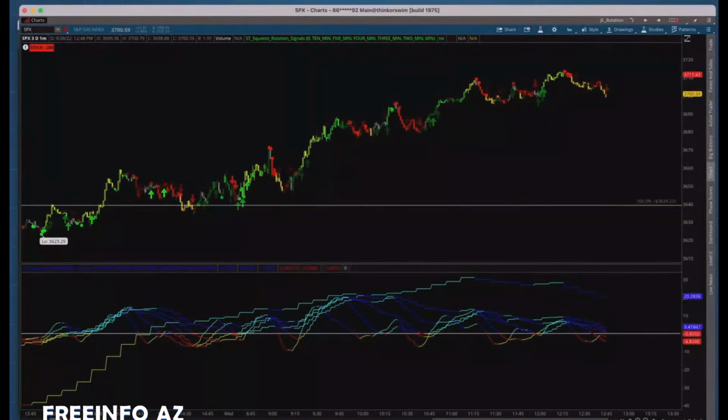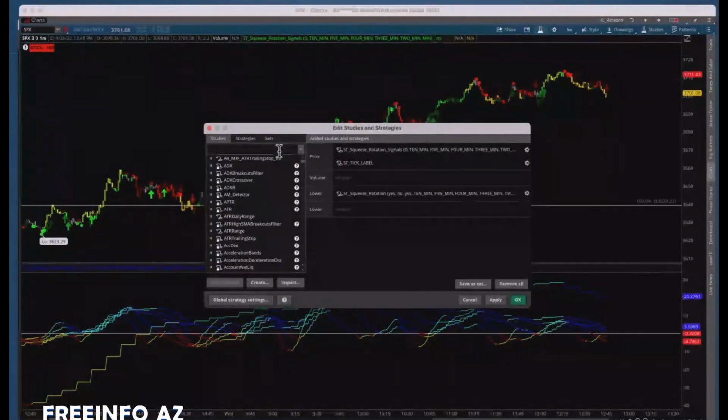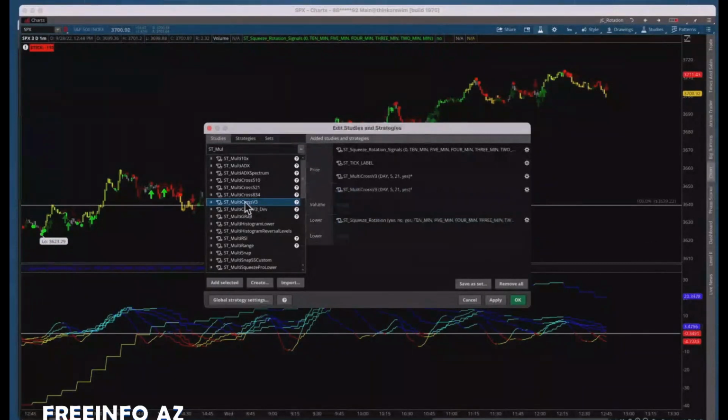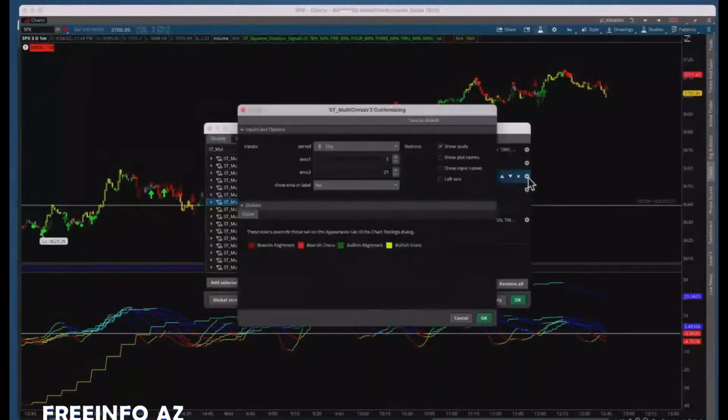Multi-cross label, how do you set it? You talking about Thinkorswim, Joe? ST multi-cross. So I'm just going to put 2 of them on here to demonstrate. They default to the day time frame. So if you go into the settings, you can change it from day to anything else.